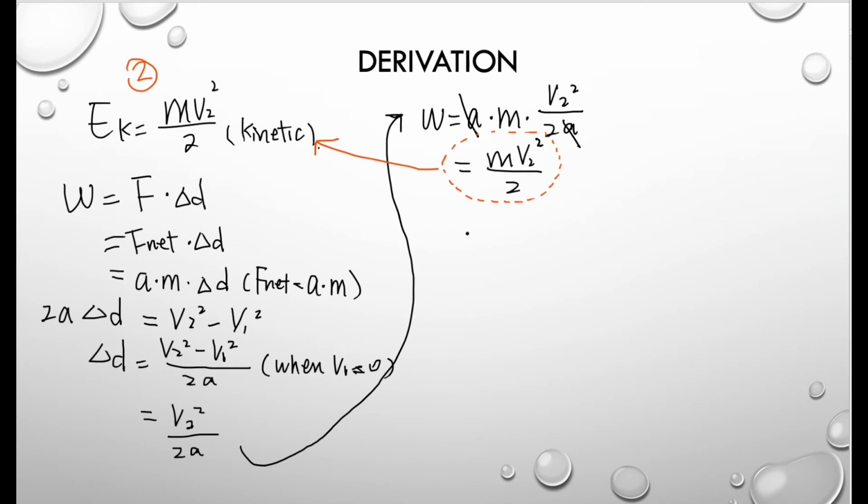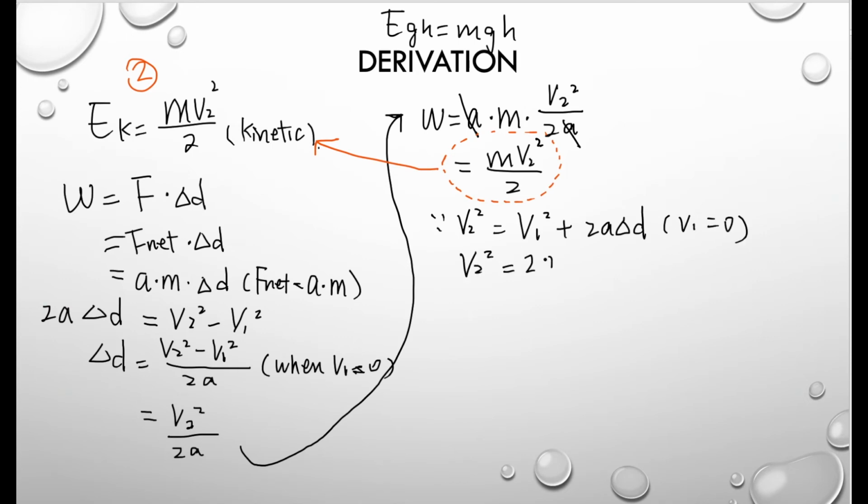And then now, in order to get our goal, which is the formula for EGH, we need to substitute another thing. So the same formula, V2 squared is equal to V1 squared plus 2A delta D. We can isolate V2 squared in this case. V2 squared is equal to 2A delta D because V1 is equal to 0, and V2 squared is equal to 2A delta H because delta D is just delta H here because we want the height instead of the length.